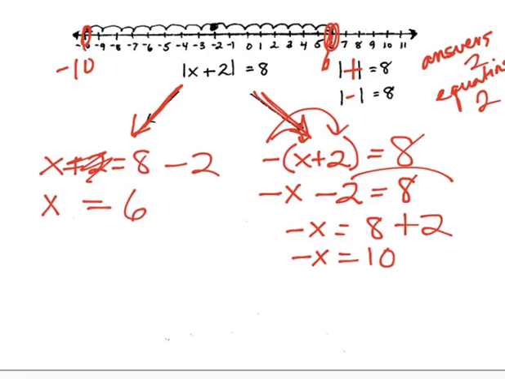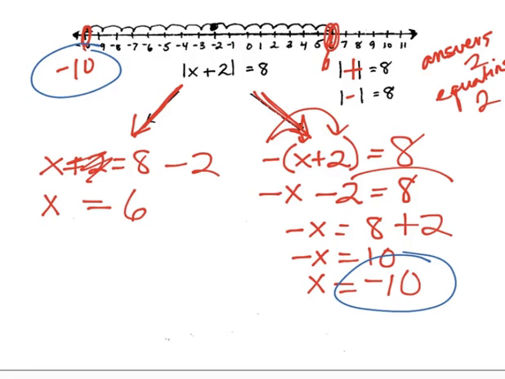You can't have a -x, so we multiply by -1. That's x equals -10. Are those the answers that we got before? Oh, look right here. -10, -10. Positive 6, positive 6.